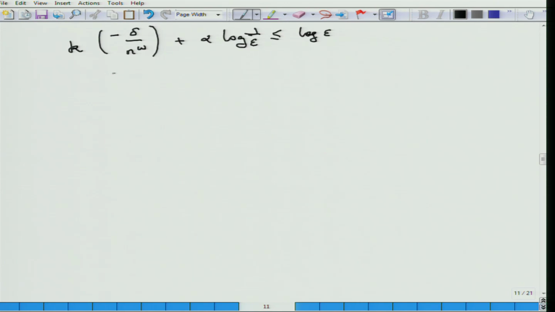So, I have to find this k. So, k times minus delta by n omega minus alpha log of epsilon is less than log of epsilon.